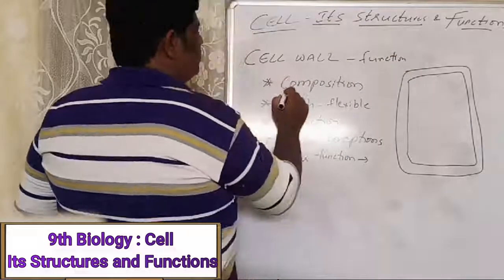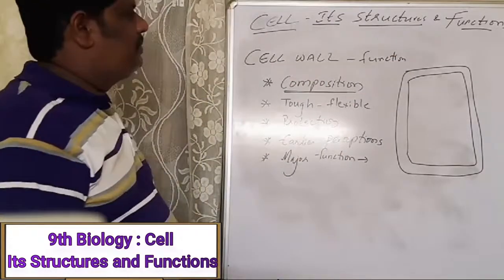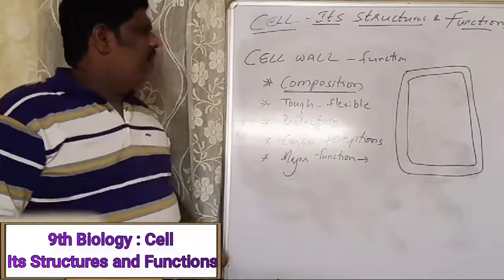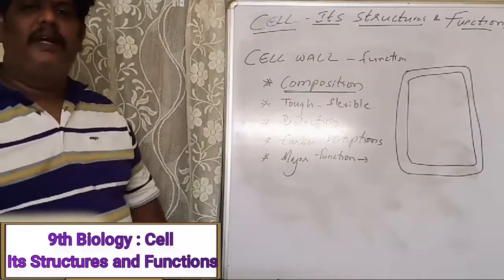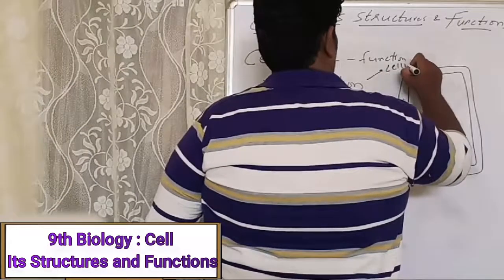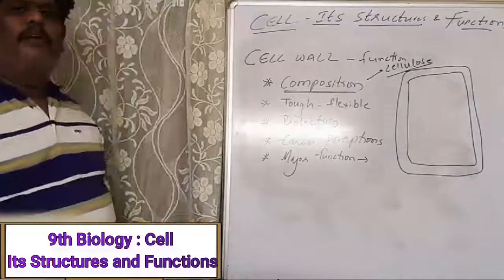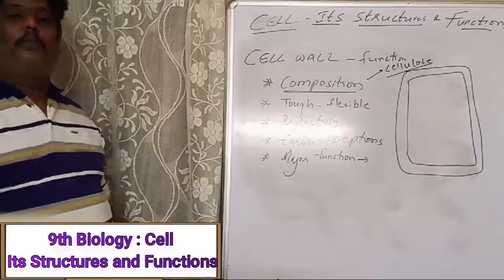So the first function of the cell wall, okay, let me start in this way first. A cell wall is basically made up of cellulose. That is its composition. It is made up of a complex carbohydrate.